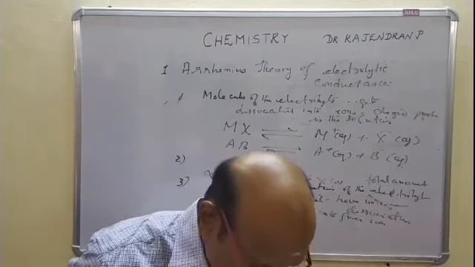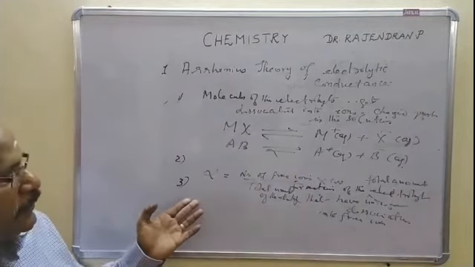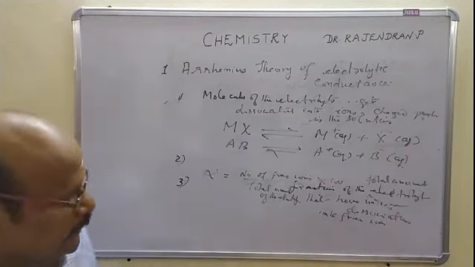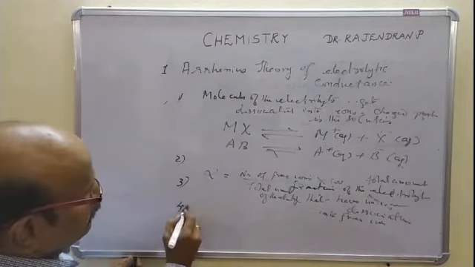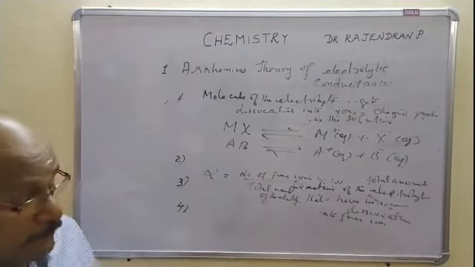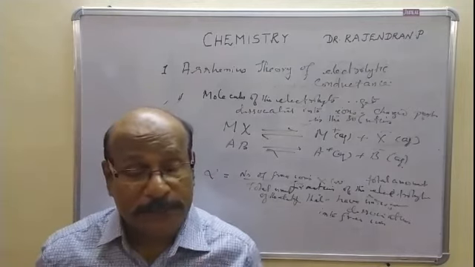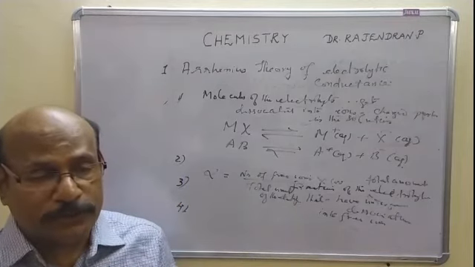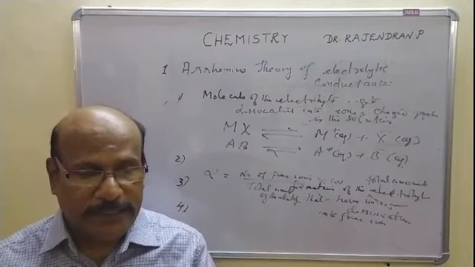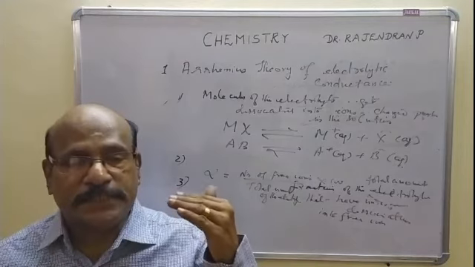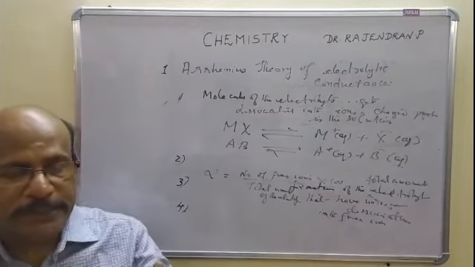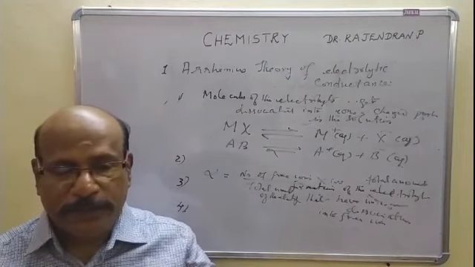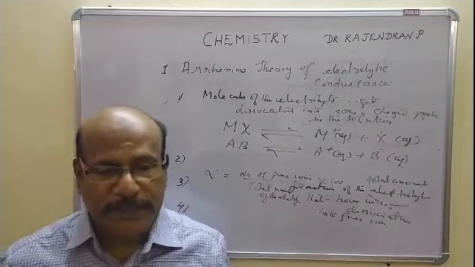Then next is the degree of dissociation, the effect of dilution or effect of concentration. That is the fourth assumption. So the second assumption is, under the influence of the electric field, the ions are free to move towards the opposite electrode, which gives rise to the conductance, and the electric field has only a directional property for the migration of the ions; it does not produce any free ions.